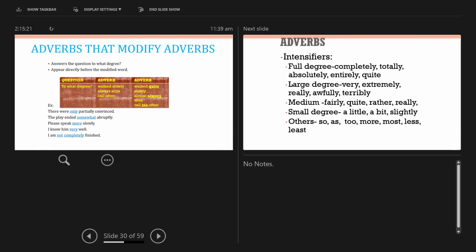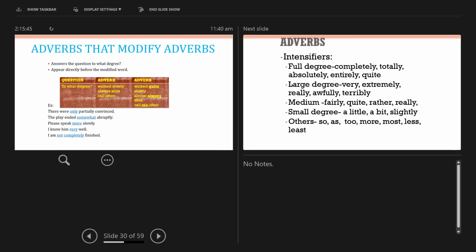All right, so yes, it answers the question to what degree. It appears directly before the modified word. Like in the earlier examples, the adverbs were located before the modifiers or the adjectives, right?